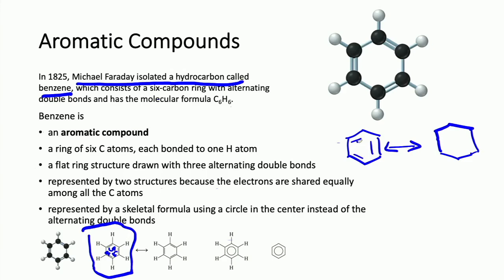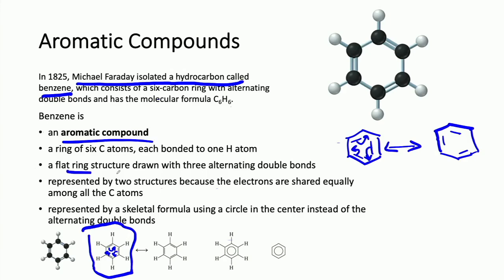These double bonds can move around in a phenomenon known as resonance, so that now the double bonds are in the next position over. And that's what makes them aromatic.